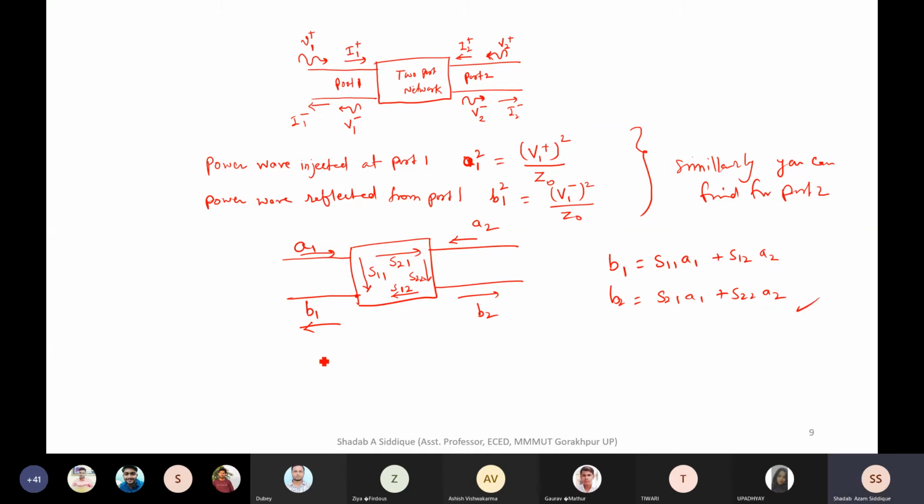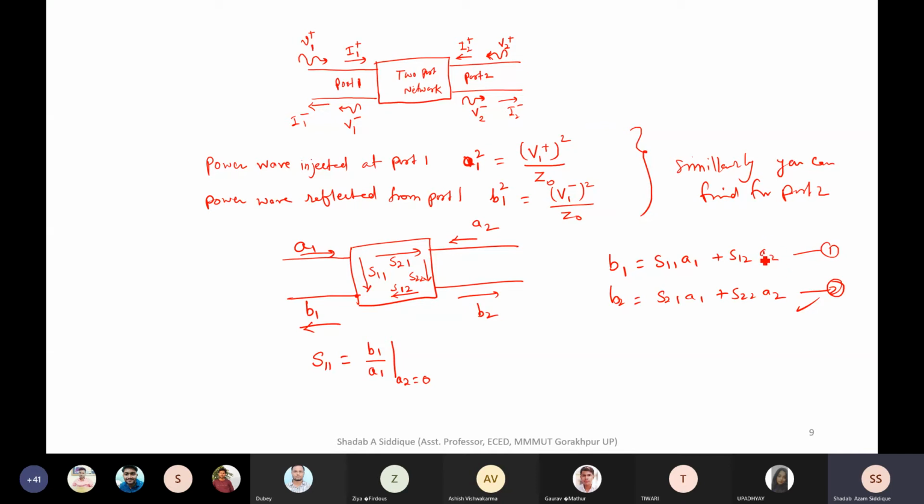Now if we want to have S11, S11 comes out to be B1 by A1, by taking care that A2 should be equal to 0. You can see equation number 1 and equation number 2. To calculate S11, I take A2 equal to 0. We cannot take S12 or S22, any of the S parameters, as 0. We can take A1, A2 as 0.